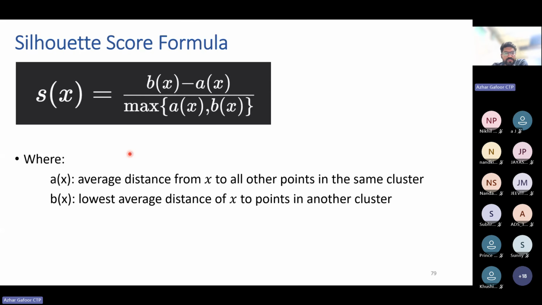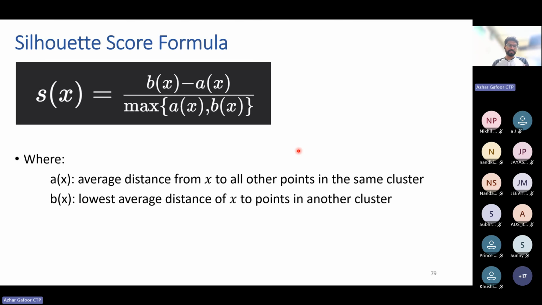A(x) is the average distance from x to all other points in the same cluster. So that has to be less, right? If a point is in a cluster, its average distance from x to all other points in the same cluster has to be less, ideally. Then B(x) is the lowest average distance of x to points in another cluster.